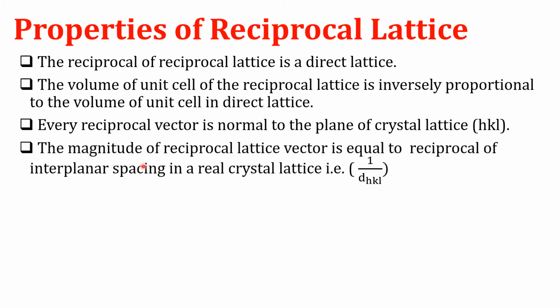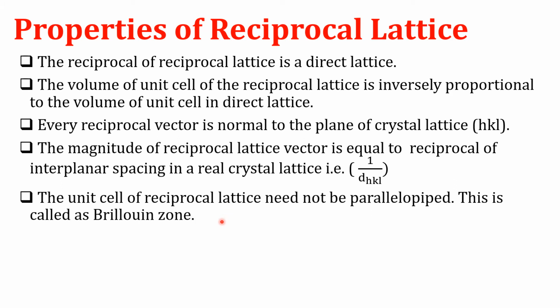Next property is the magnitude of reciprocal lattice vector is equal to reciprocal of interplanar spacing in the real crystal lattice. That is, magnitude of reciprocal lattice vector, mod of D star HKL, must be equal to 1 by DHKL. That term we also prove under that property.